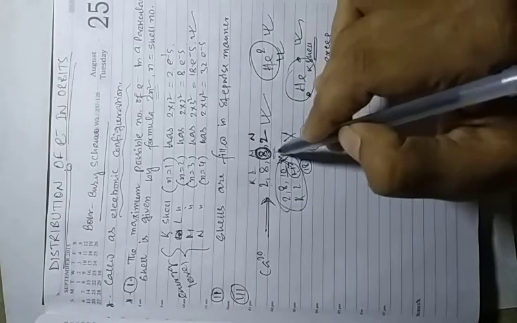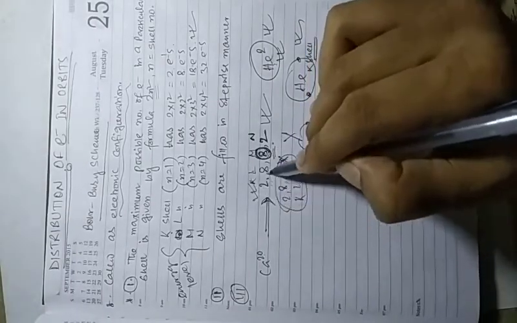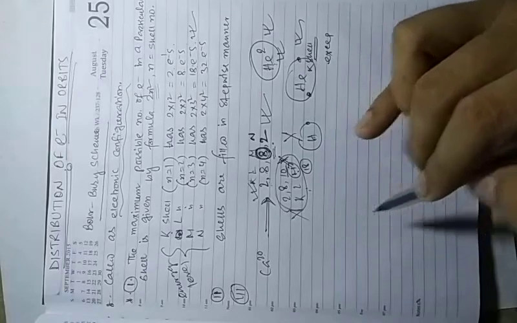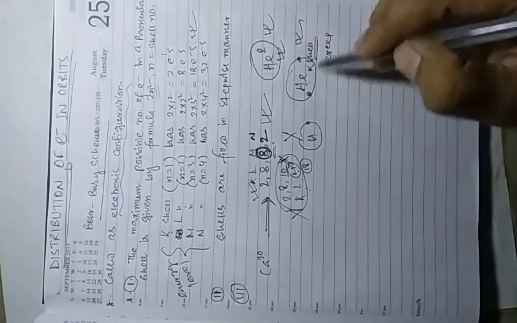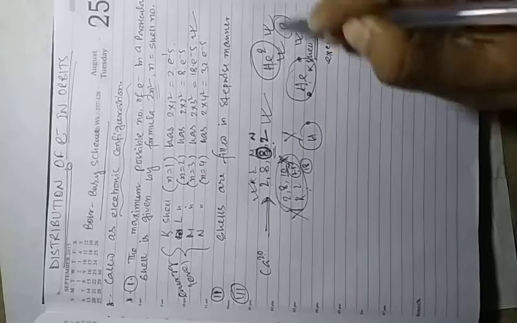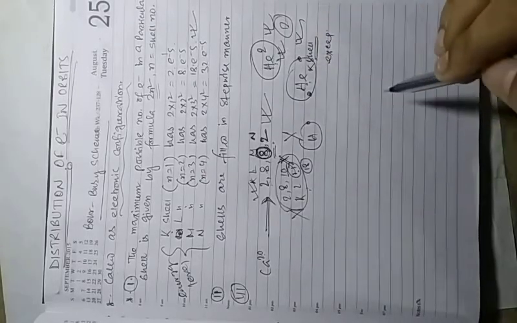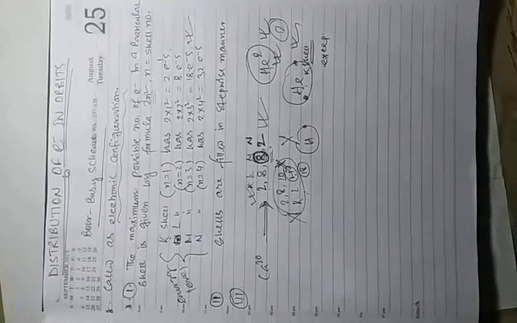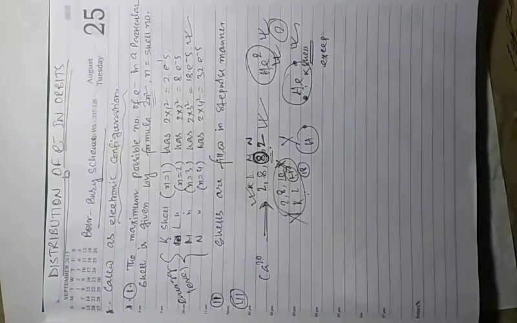So it is an exceptional case, because students, you all know that a maximum of 8 electrons causes stability, as I have told. That's why the electronic configuration is like this, not like that. But in case of helium, there is an exception. Helium is an exception because with 2 electrons also helium is stable. In exceptional cases you have to remember helium.